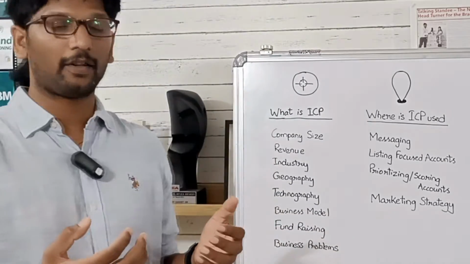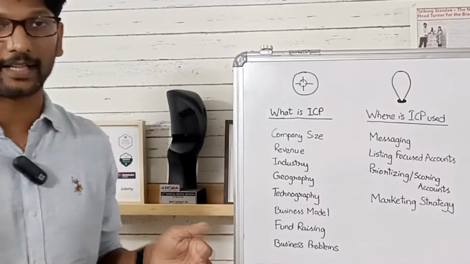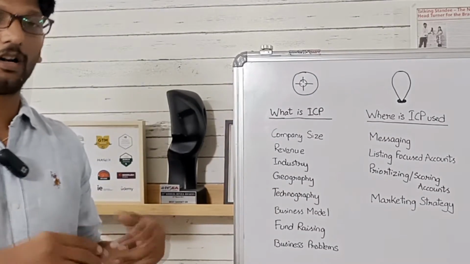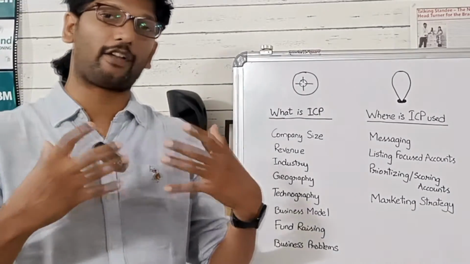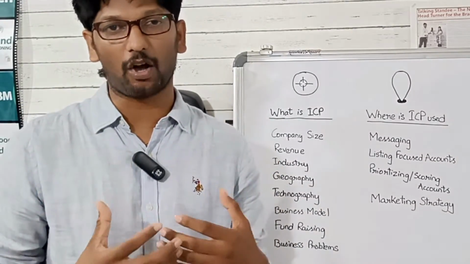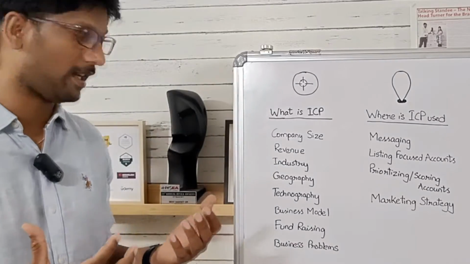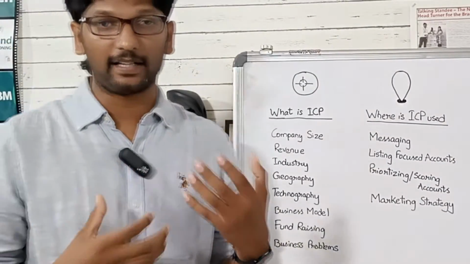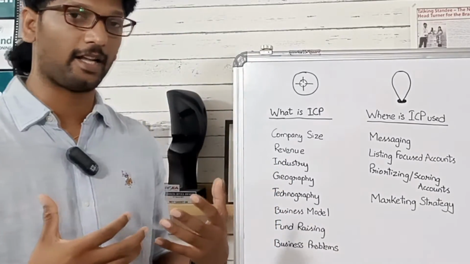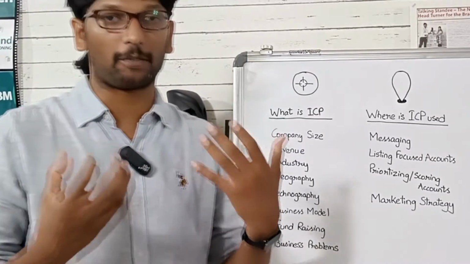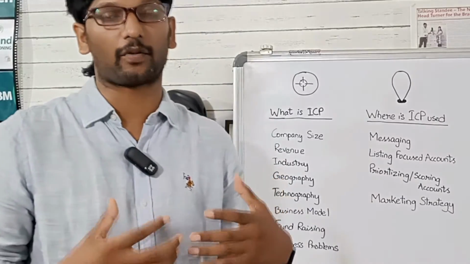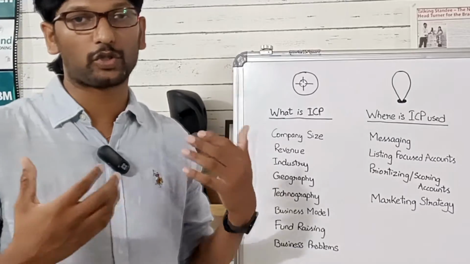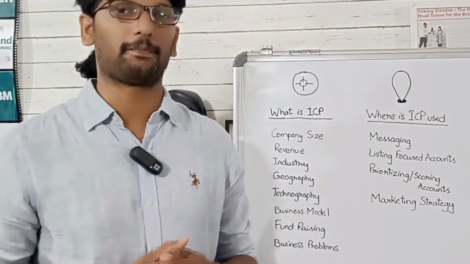This criteria usually consists of attributes like company size, revenue, industry, geography, or technography, such as what kind of technological solutions or systems they are using inside the organization, and also the kind of business model organizations are into, any fundraising that has been done recently, or even the kind of problems that these businesses specifically try to solve. So these are certain usual attributes that we look at in ICP.